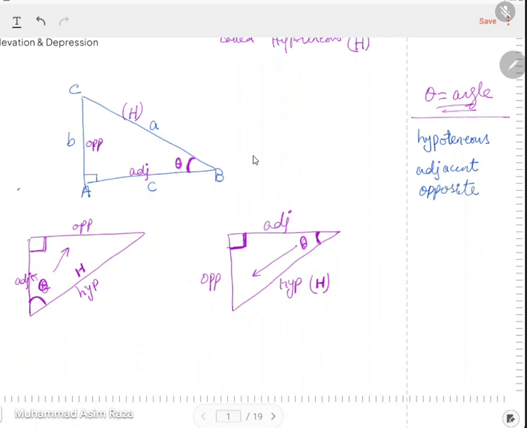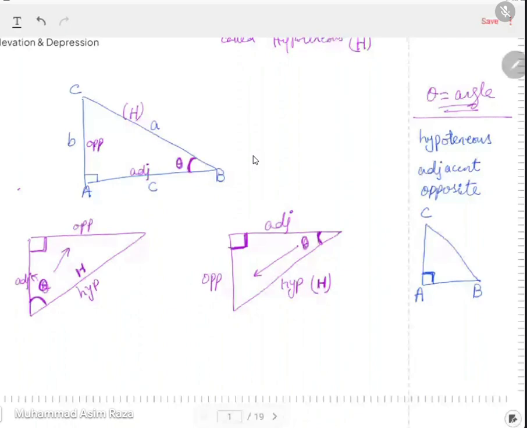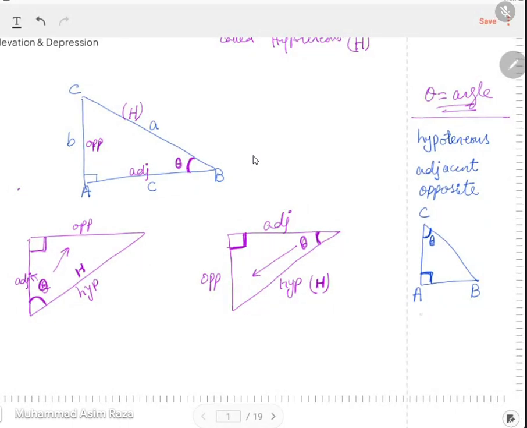Okay. So again, if I draw the triangle over here, like this one, like initially I did, this is A, B, and C. This is the right angle triangle, but this time we have the angle over here, theta. So in this case, the hypotenuse side will be BC because that is in front of 90 degrees.